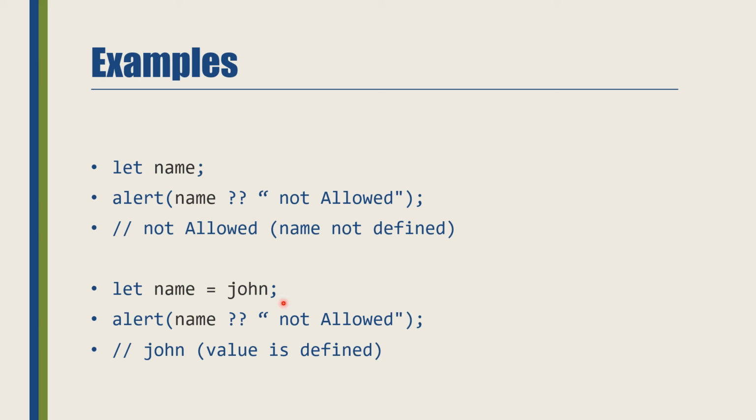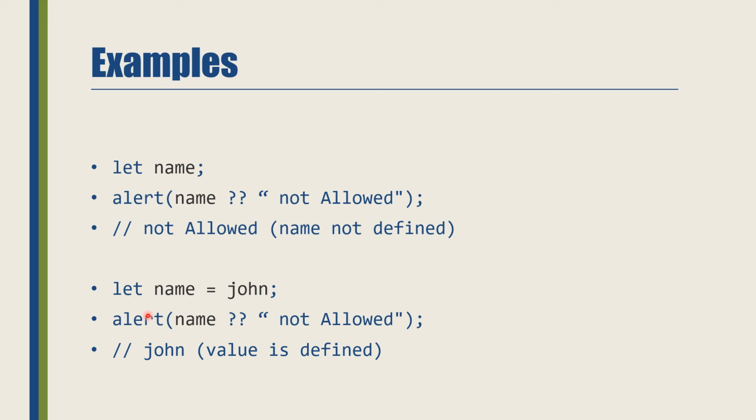So let's see the second example. We are taking a variable again, name, and in this case the value of name is defined, which is John. You can use any other name. Suppose your name is Suzanne, or Dolly, or anything, you can use any word here.